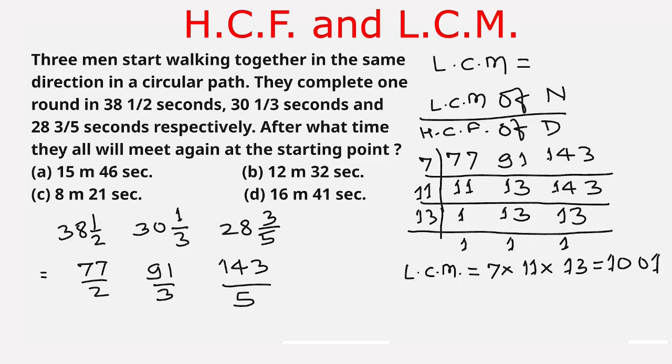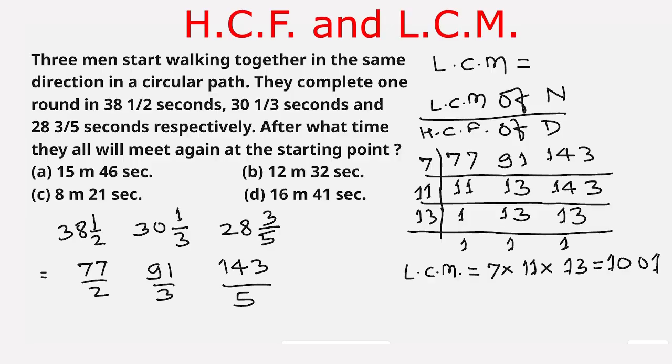And H.C.F of denominator, which is 2, 3 and 5, and these 3 are prime numbers, so their H.C.F will be 1. So our LCM of these fractional numbers is 1001 seconds, and we convert this 1001 seconds into minutes and seconds.